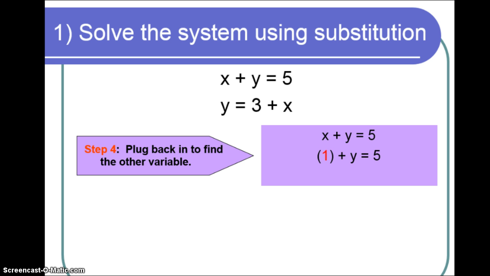So here we're plugging it back into the first equation, and we have 1 plus y equals 5, and we need to solve for y. So to do that, we'll take away 1 from both sides. Sorry, I'm getting excited. If you wanted to take away y, you could; you would be moving it around a little bit. And we'll get y equals 4.